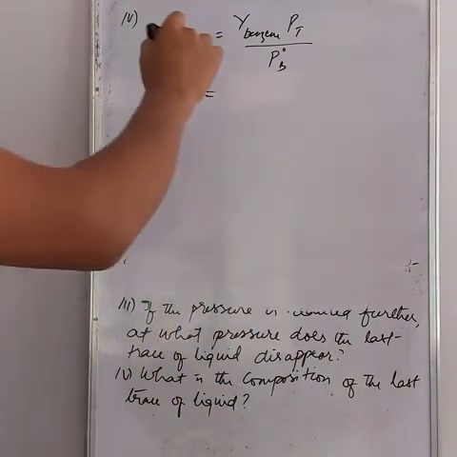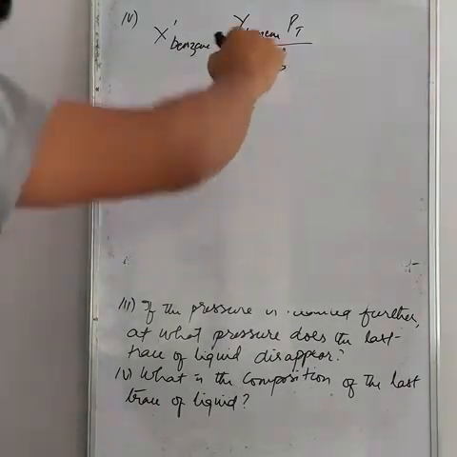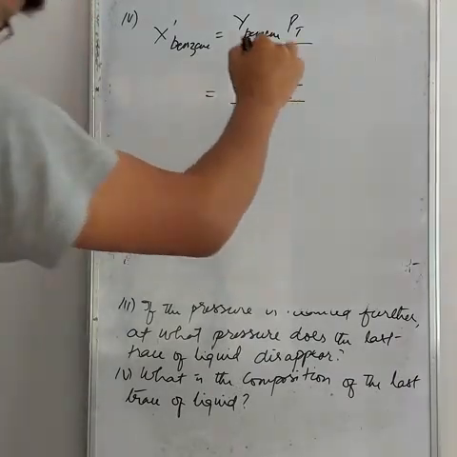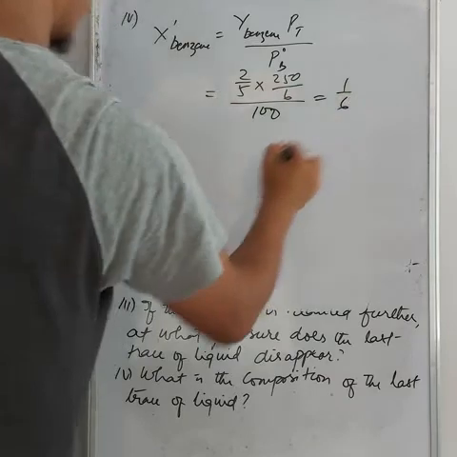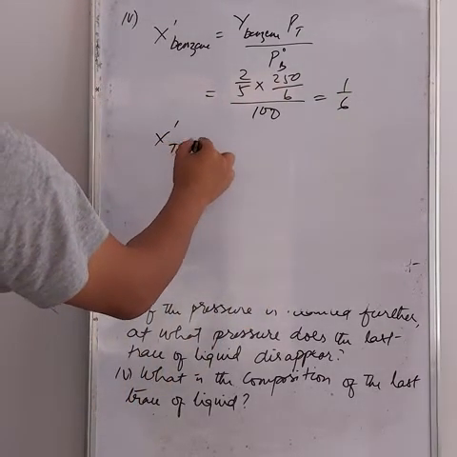So let's divide 5 into 250 over 6 upon 100, which gives us 1 over 6. And you will do the same for toluene.